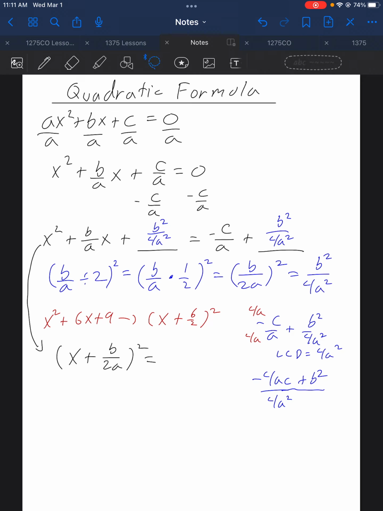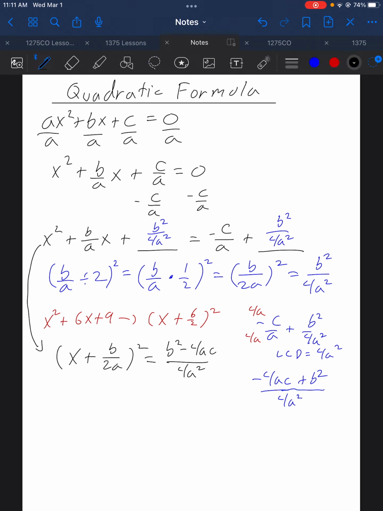All right, so if you're familiar with the quadratic formula, and you should be, then you can already see some of the key components forming here. So let's put this into our equation. That's going to be b squared minus 4ac over 4a squared, right? We just rearranged this.